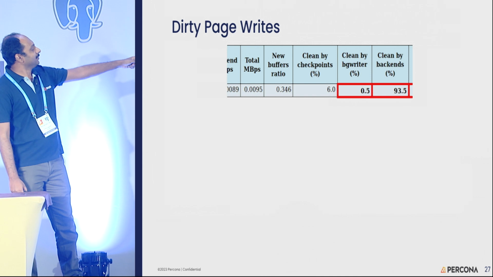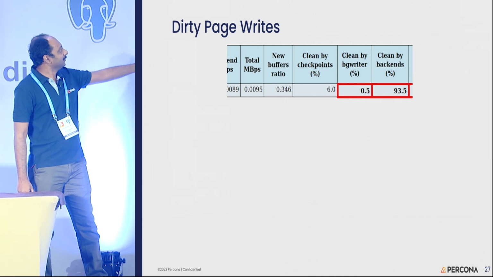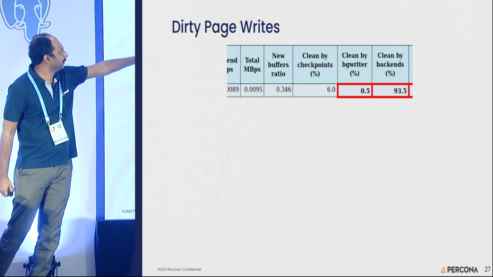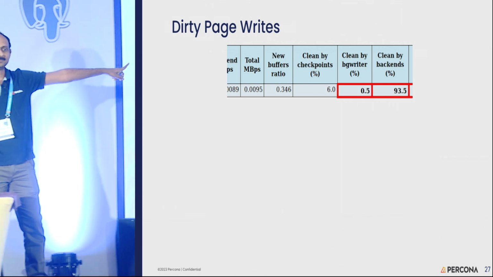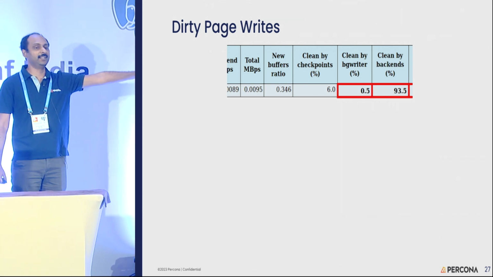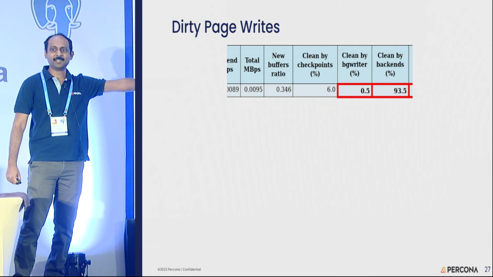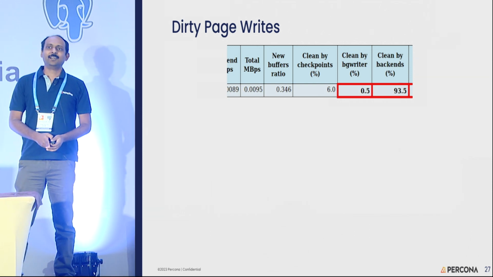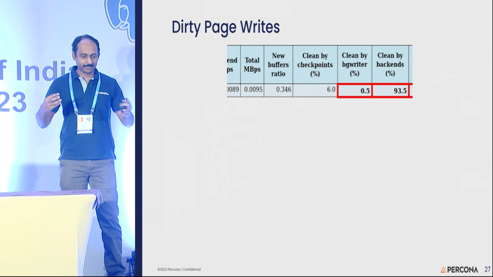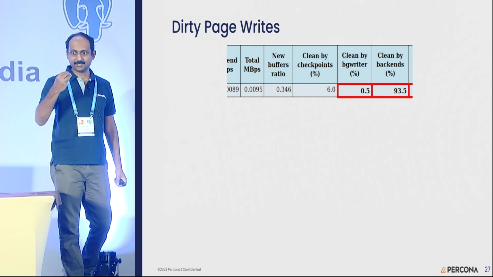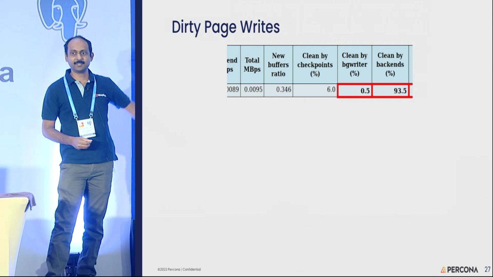So in this case, we can see that the clean by backends is 93%. Individual backends are cleaning 93% of dirty pages. So what happens here? Individual backends means the user session needs to clean up first.